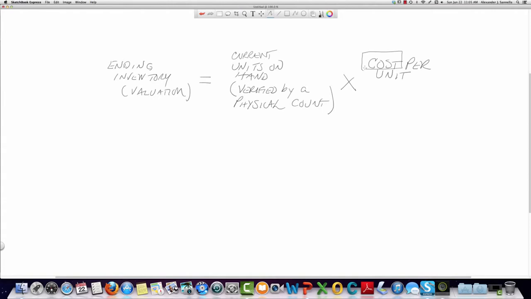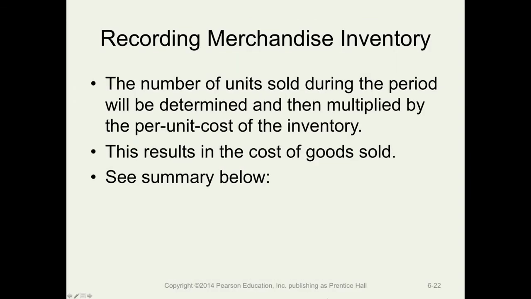And we're going to do the same thing with the cost of goods sold. When we look at the cost of goods sold, we have to determine the number of units that are sold during the period, and then we multiply the number of units sold by the cost per unit.